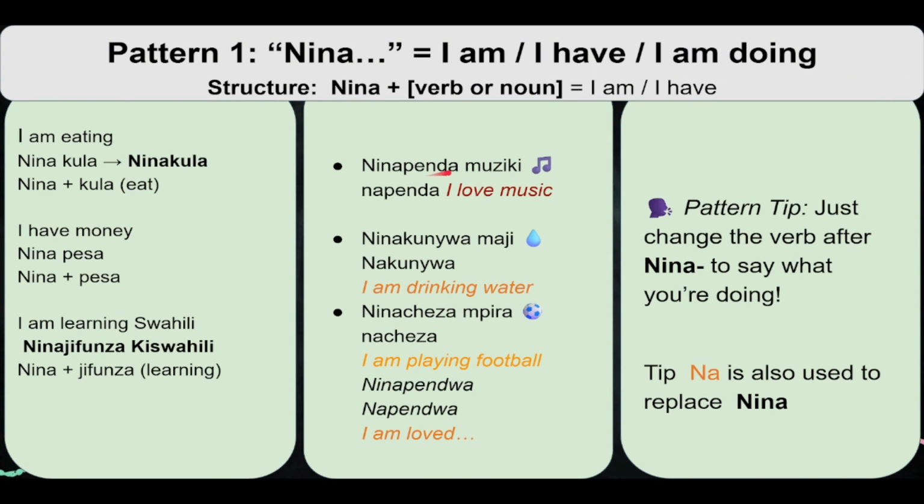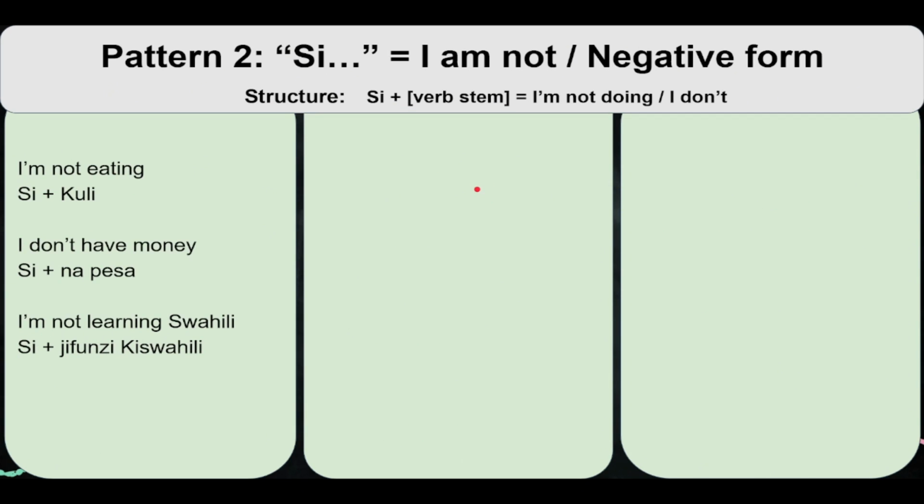Ninapenda, I love music. Napendwa, I am loved. Okay? So just remember Nina, and you just keep adding all these other vocabularies or words, nouns, and or verbs, and you will be good to go with that particular pattern.